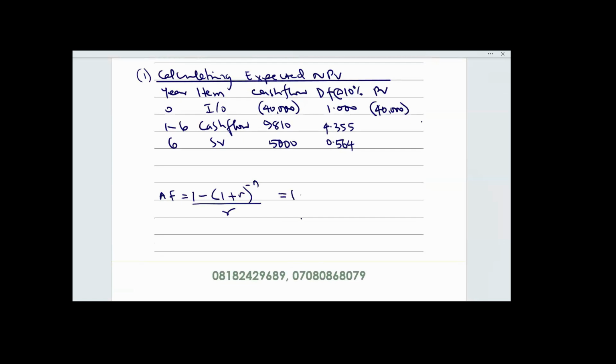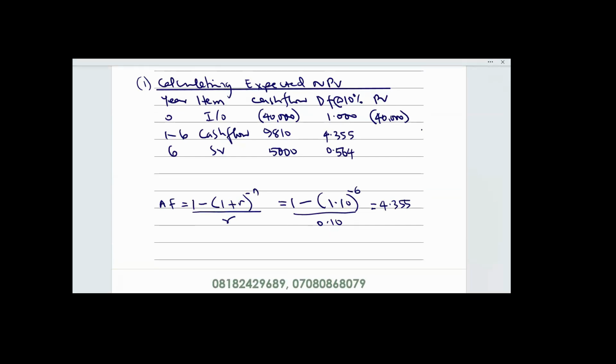So 1 minus, open a bracket, cost of capital is 10%, and n is the useful life, so minus 6, divided by 0.10. This is equal to 4.355. Okay, thank you, sir. Now, let's calculate the present value.